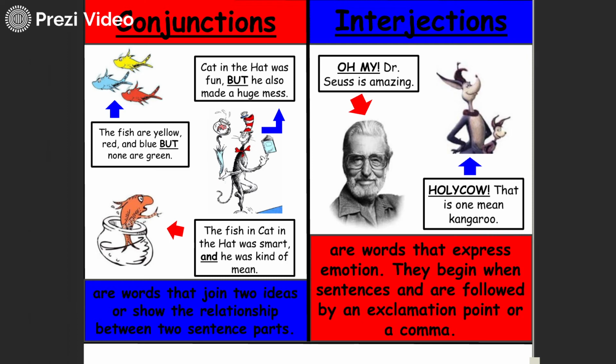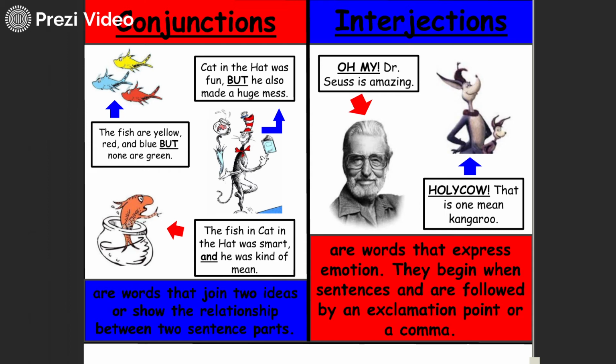Same thing with and. The Cat in the Hat was smart, and he was kind of mean. So here again, I'm using two sentences combined into one much more interesting sentence to give an overall better description of him, so I know that he's smart and he can be mean as well.